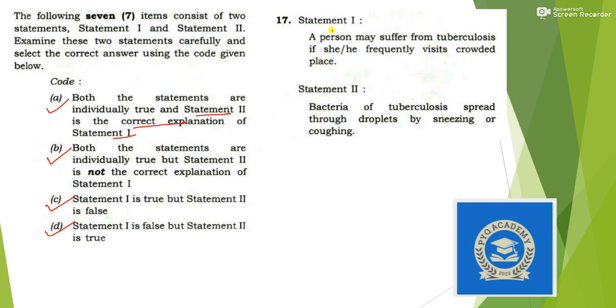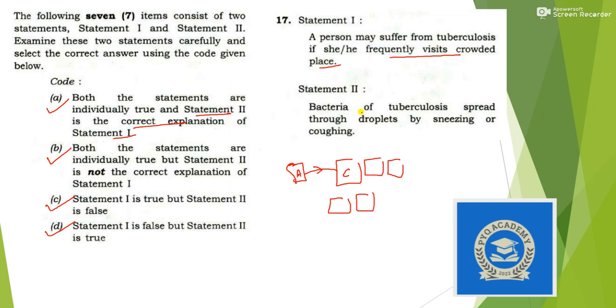In this question, a person may suffer from tuberculosis if he or she frequently visits crowded places. Yes, it is possible. Let's suppose a person A went to a crowd, and in this crowd, suppose there is a chance that person C has tuberculosis, and tuberculosis is a communicable disease which can spread. So yes, statement 1 is correct.